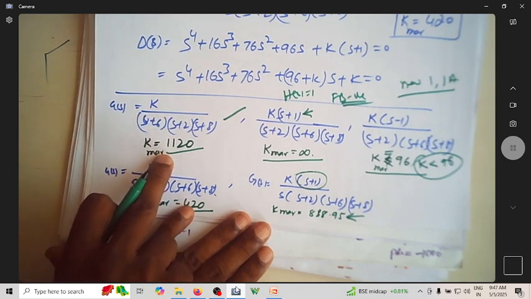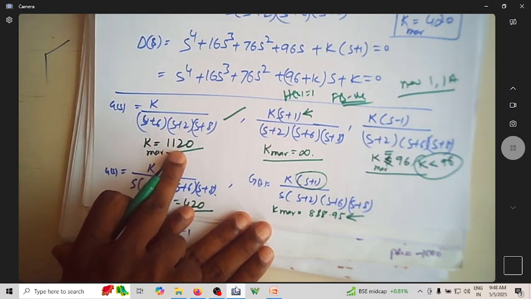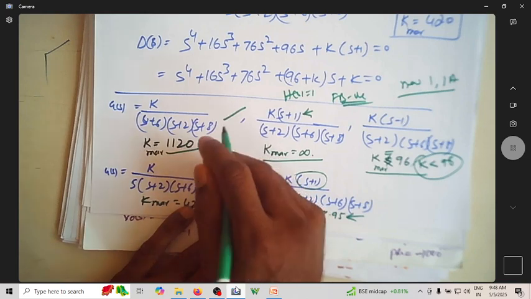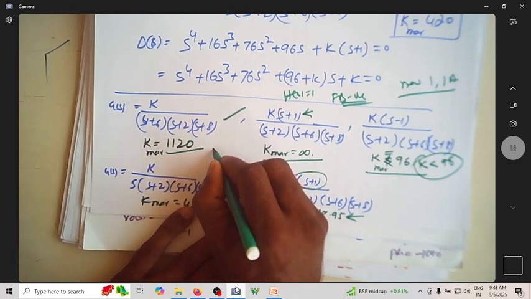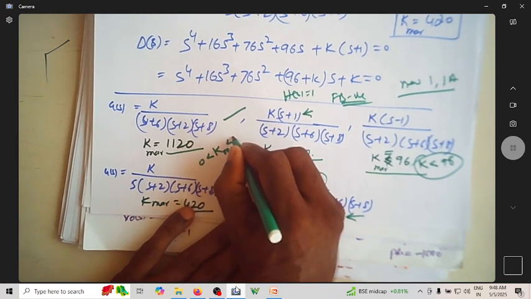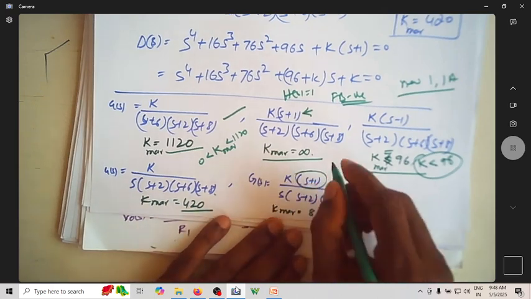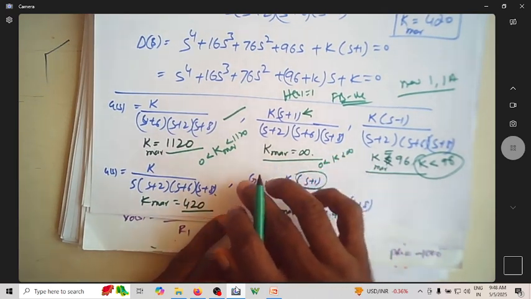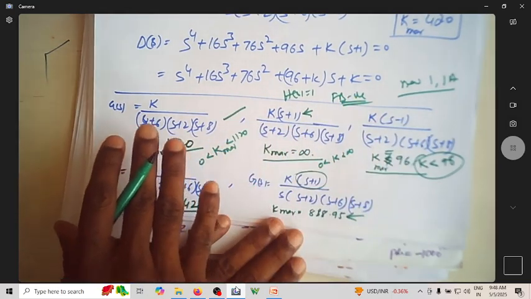If the value of k is 1120, the system was becoming oscillatory. The system was stable for all values of k between 0 and 1120. Now here, for any value of k between 0 and infinity, the system was stable. So it is conditionally stable.